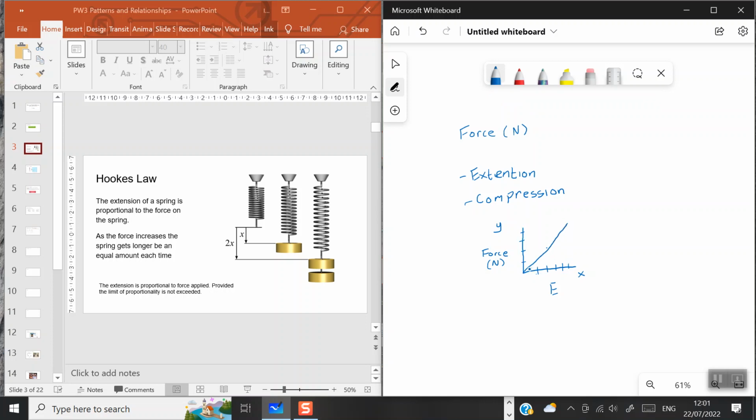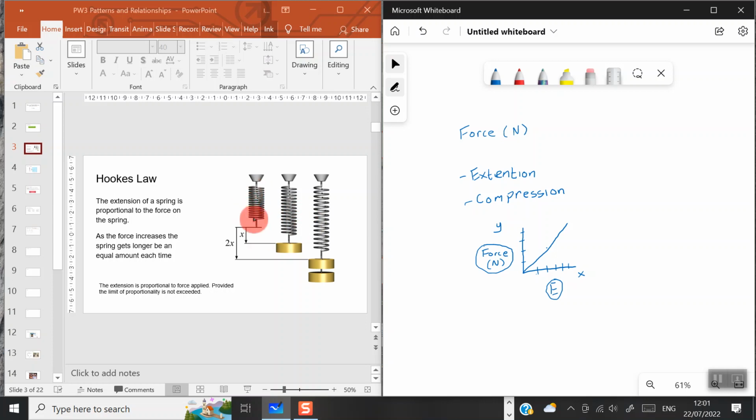As you apply force, it extends by a certain number of centimeters. As you add more force, it extends by another amount of centimeters, in this uniform pattern. So we can say that the extension and the force applied are proportional to each other. We can see here in this diagram that it represents that.